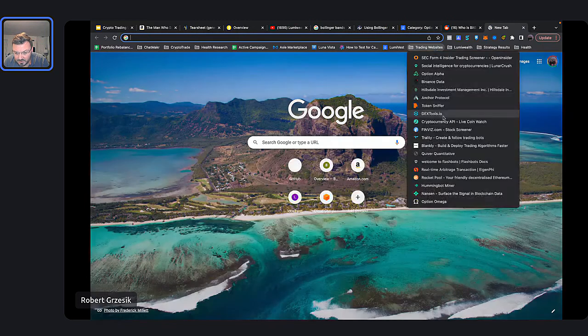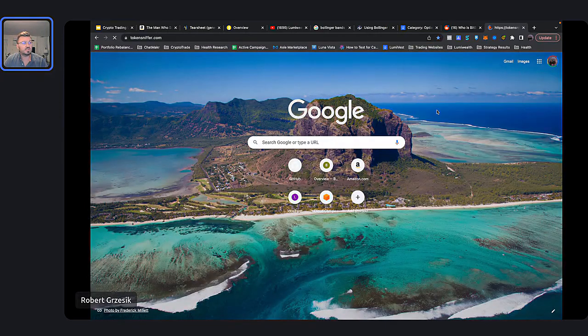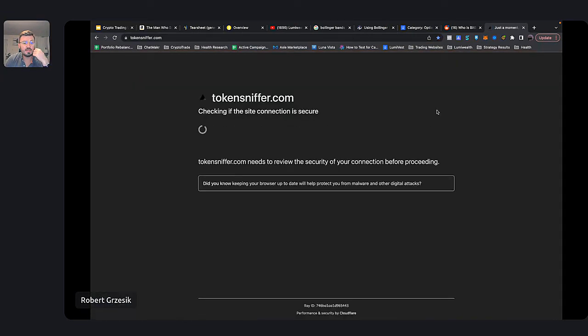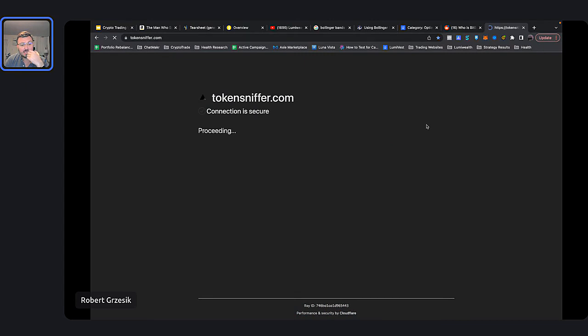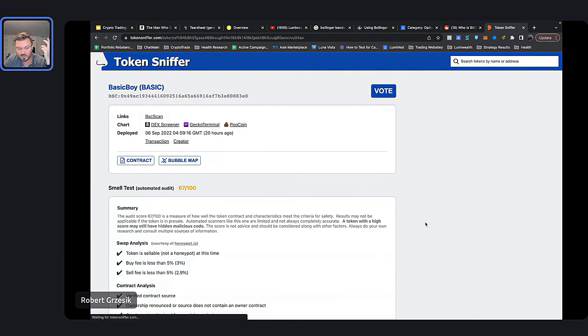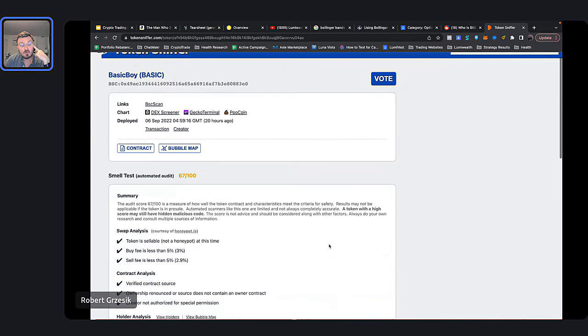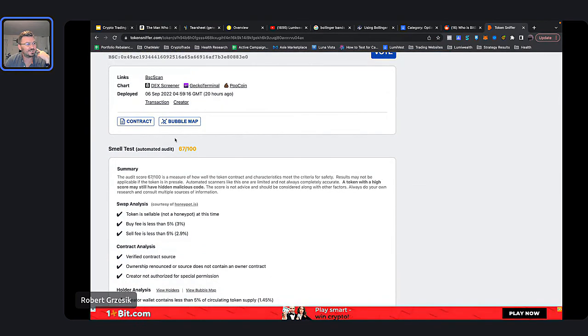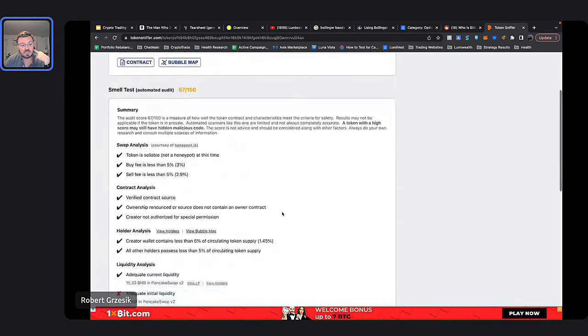You could also plug into things like Token Sniffer, which is a really interesting website that checks to see what coins just came out. So for example, you see some new coins that just came out here. Basic Boy is a new coin, and it analyzes it. What's the smell test, right? Is this something that's legit or not? They do a bunch of tests for this.